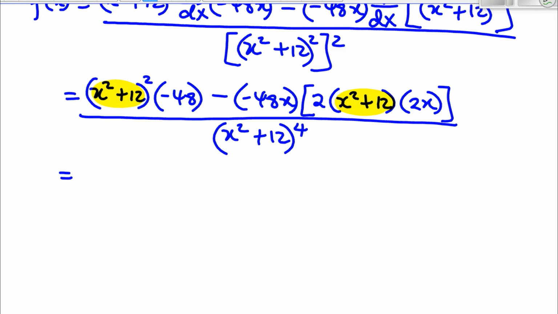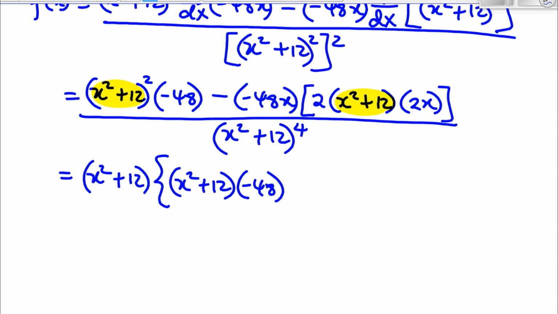So if I factorize that out, what I'll end up with is x squared plus 12 outside the bracket, and then inside the bracket, what I'll have is x squared plus 12 multiplied by negative 48 minus, and here I have negative 48x multiplied, I have 2, and then I have 2x, close the bracket.